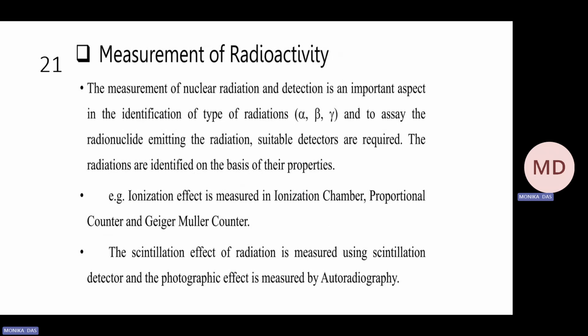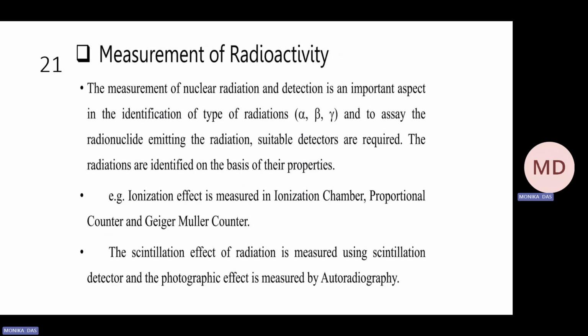So we have to understand what type of radiation is being emitted from different types of isotopes and how much. To assay the radionuclide emitting the radiation, suitable detectors have been made for this purpose.